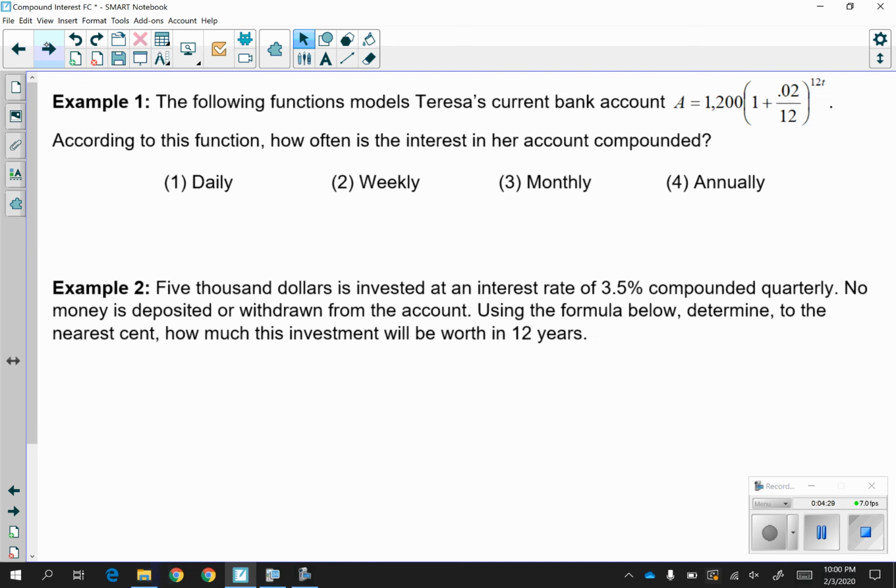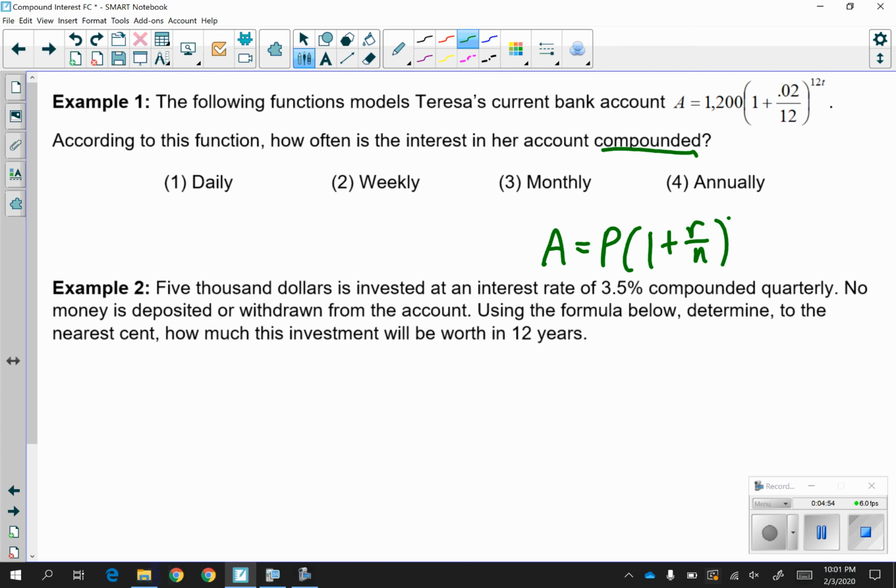So let's actually try using this in a problem. In this problem, the following function models Teresa's current bank account, and they want to know how often the interest in her account is compounded. Now remember that formula is A equals P times (1 plus r over n) to the nt.